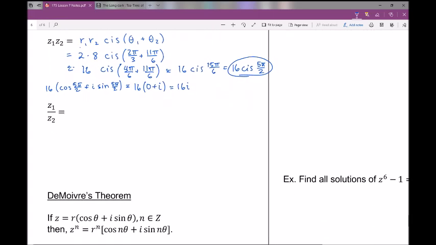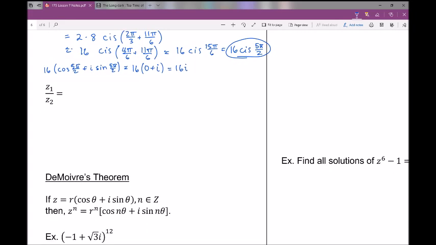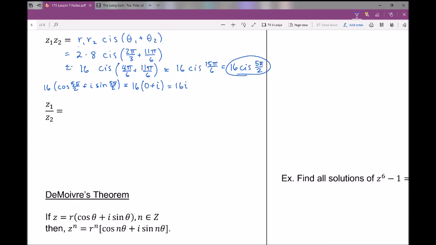So now let's talk about division. Division is really similar, except instead of multiplying the two radii, we're going to divide, and instead of adding the two arguments, we're going to subtract. So z1 over z2 is r1 over r2 cis theta 1 minus theta 2.